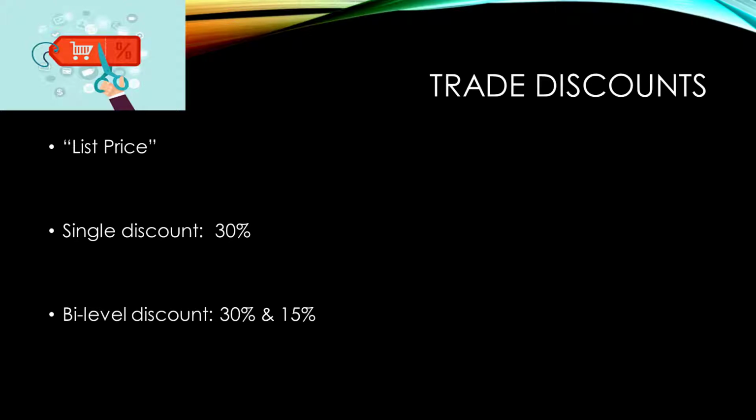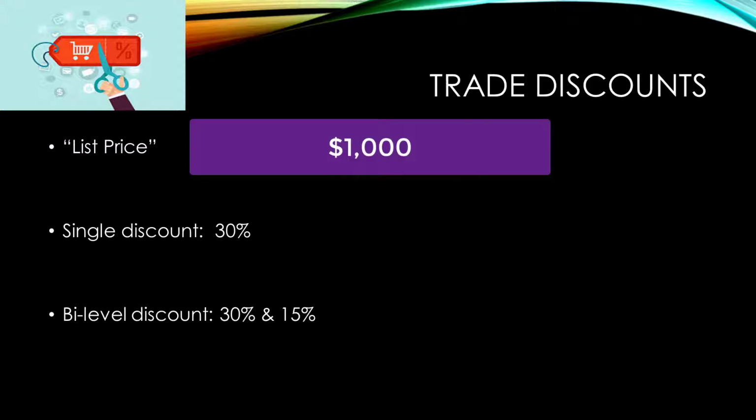In this example, let's assume that the list price of something that an ordinary customer would walk in and pay is $1,000. If a company does a lot of business, the retailer or wholesaler might offer a 30% discount across the board.